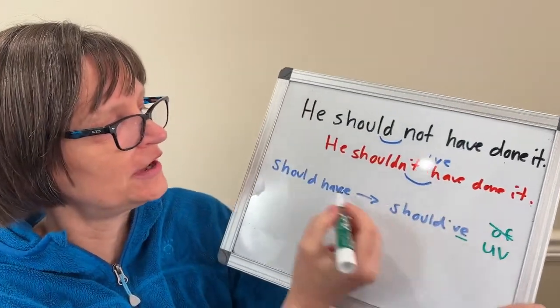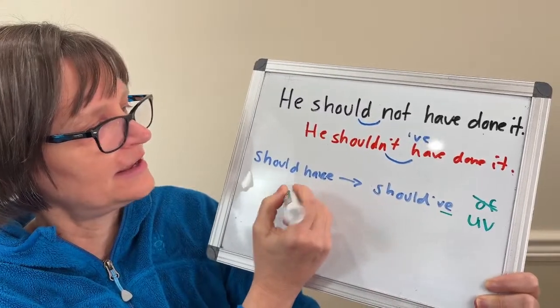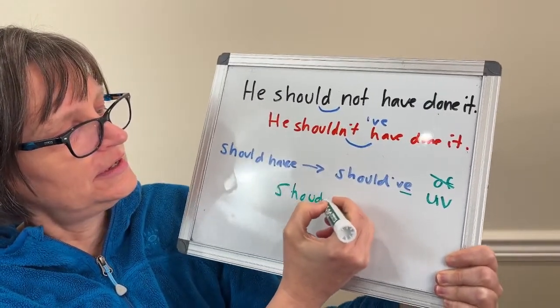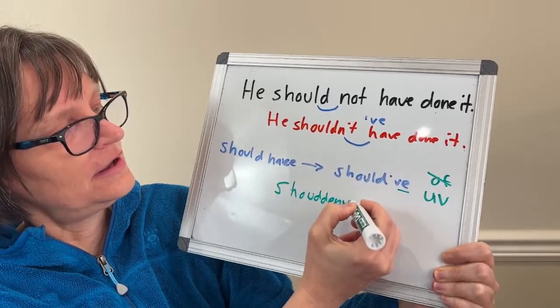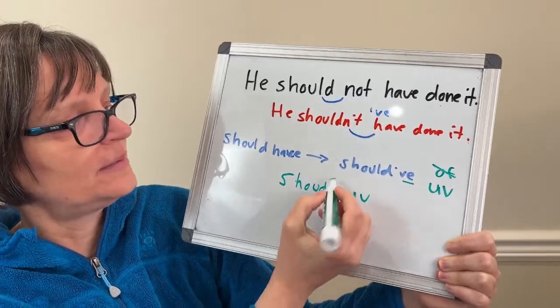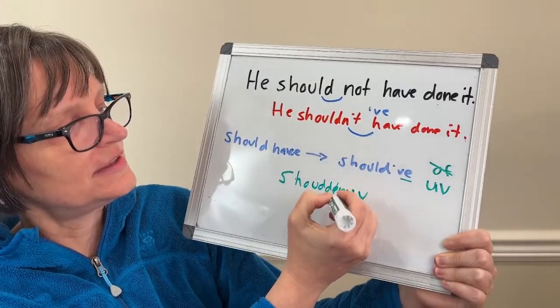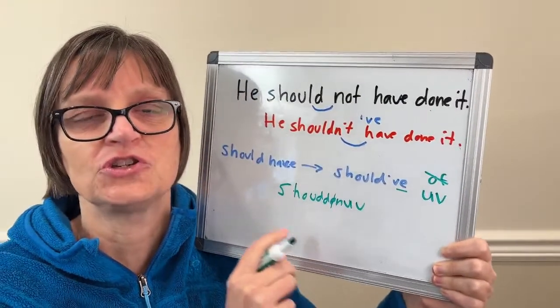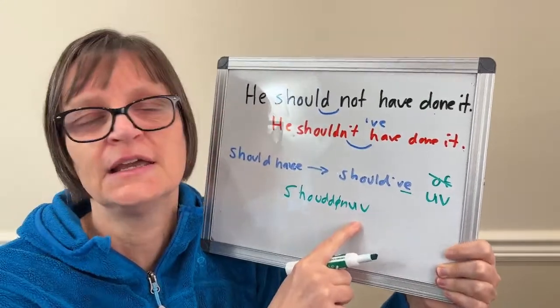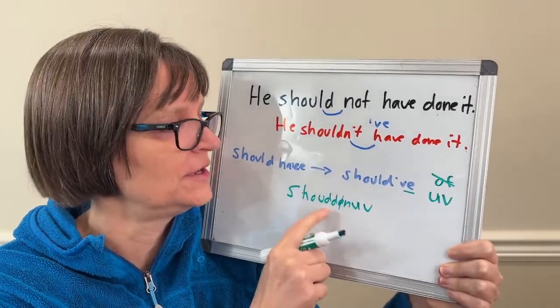So shouldn't've is going to sound like shouldn't of. And actually this shouldn't, we kind of go right from the D to a syllabic N there.